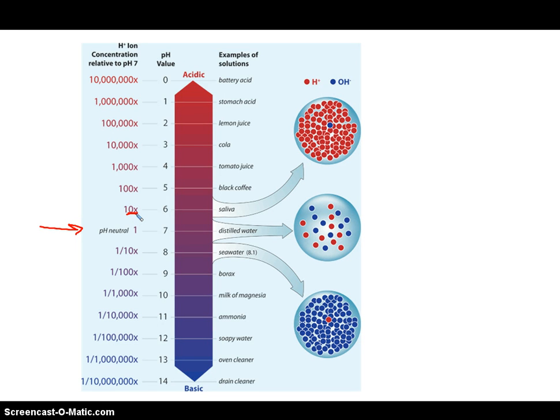So a pH of 6 is 10 times more acidic than a 7. A pH of 5 is 100 times more acidic than a 7. And as we go up, an 8 is 1/10 as acidic as a 7. So remember that the pH units are logarithmic, and it's going to be a factor of 10 as we change those.